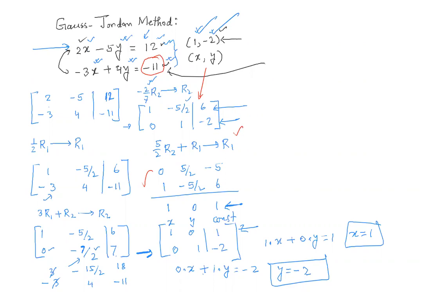You can switch 2 rows, you can multiply any row by any number other than 0, or you can multiply any row by any number, actually including 0, and add it to another row. Okay, so let's keep it simple. Just don't multiply by 0 at all.